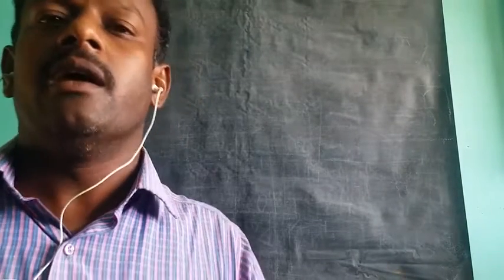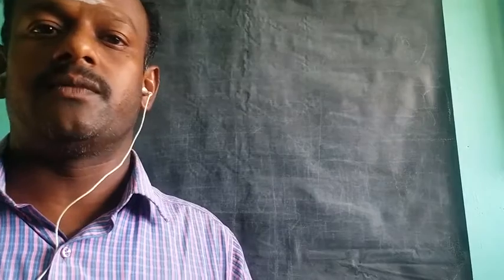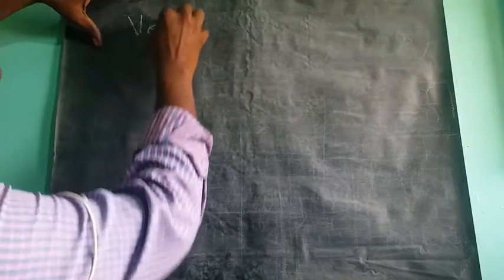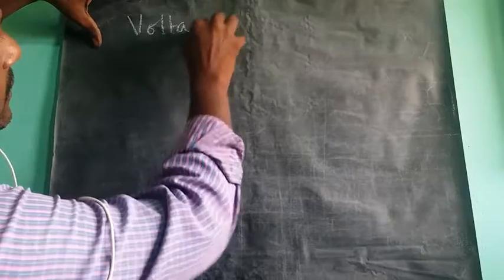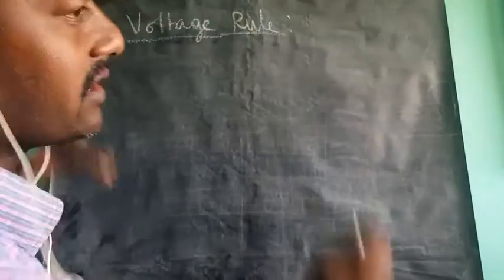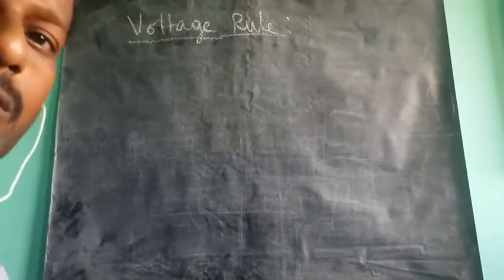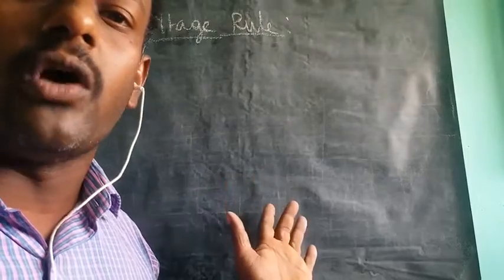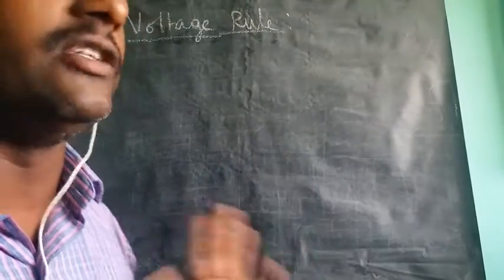So here I am using charge conservation. Now the second rule may also be written as the voltage rule. We know that voltage is nothing but the work done, and work is nothing but energy. So the second rule, the voltage rule, is based on the conservation of energy.